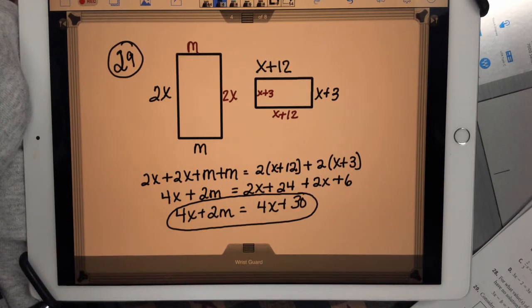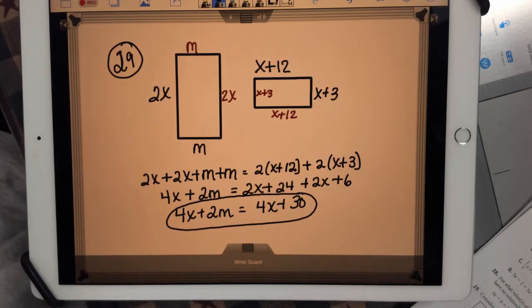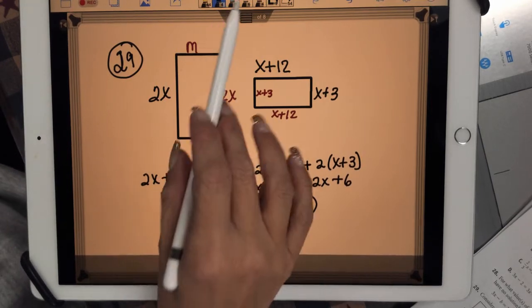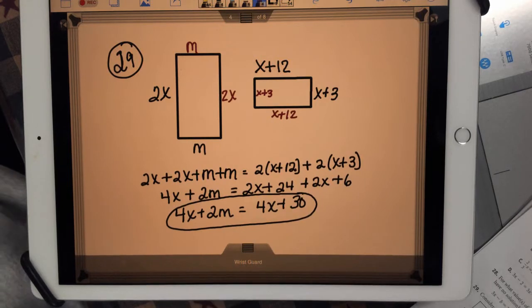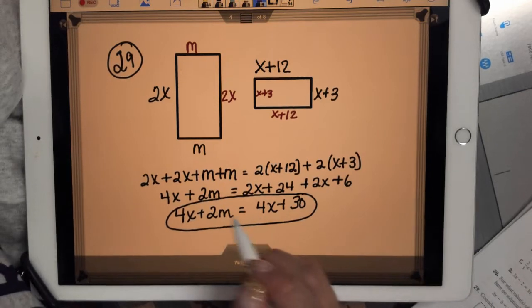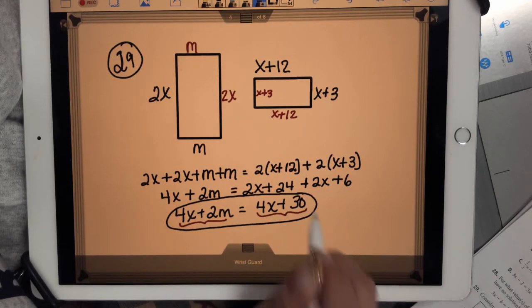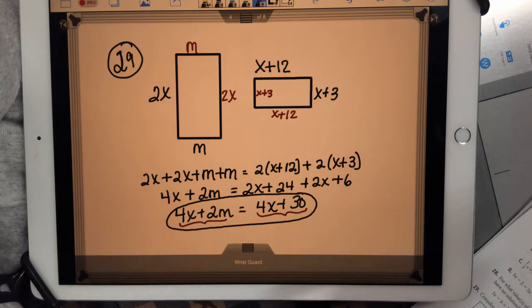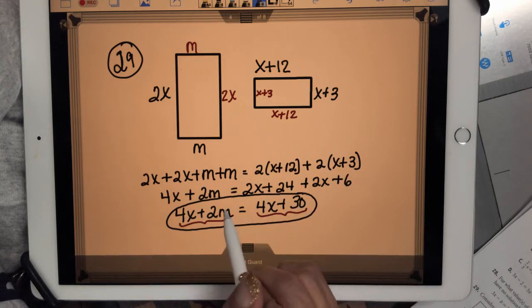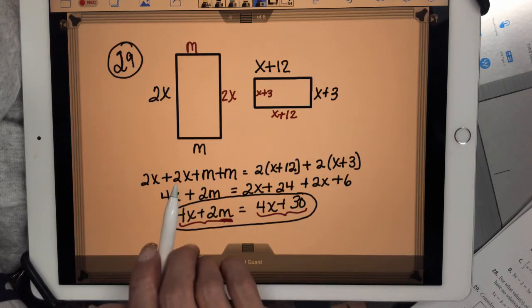For what values of m will your equation have infinitely many solutions? If it's going to have infinitely many solutions, I'm going to let you think about that for just a second, and then I'll tell you. These two sides have to be exactly the same, right? What value would have to be right here for me to get 30?